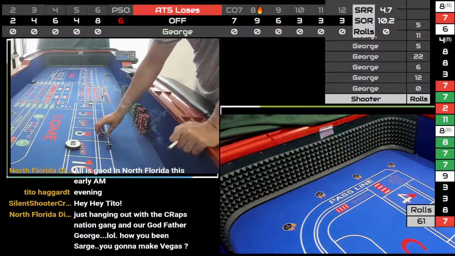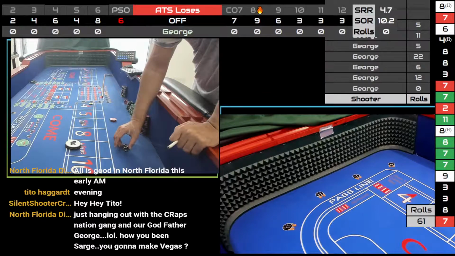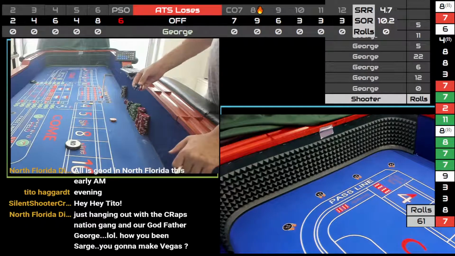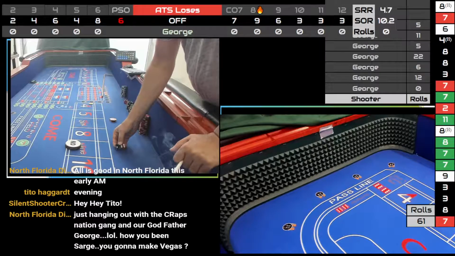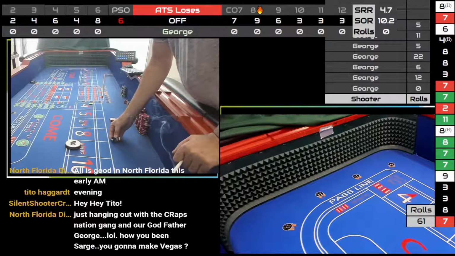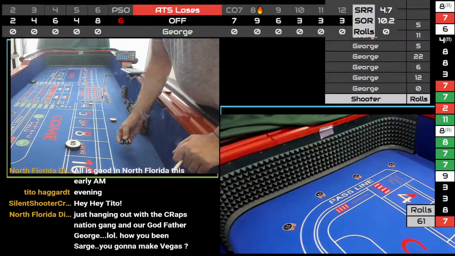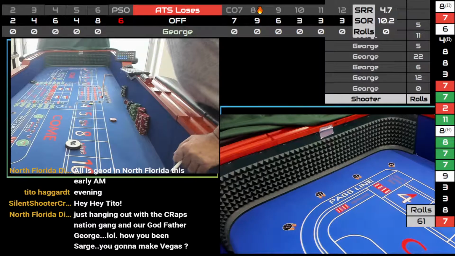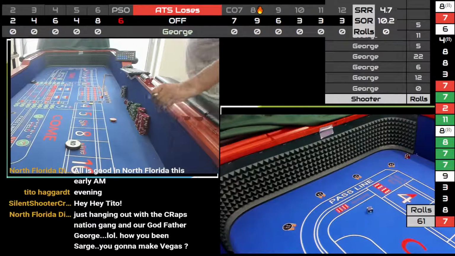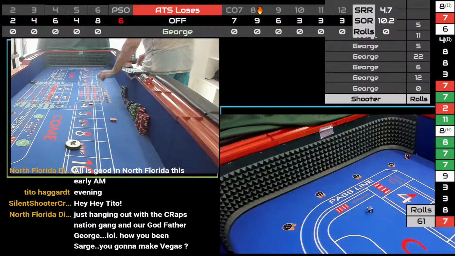3, 2, 3, 6. We can read that set very well. Dice out. So 1, 2. 2, 4, 6 axes.